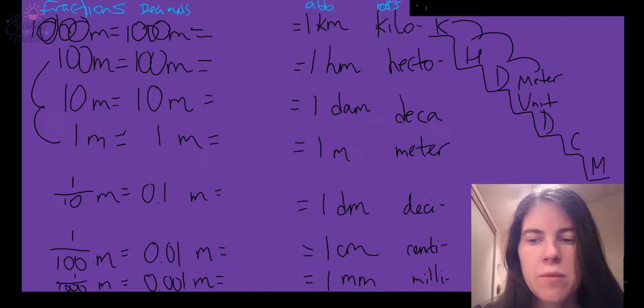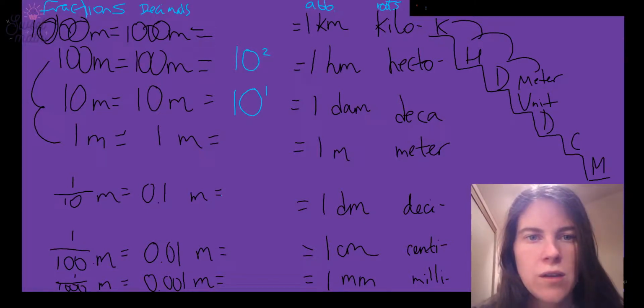Now I'm going to fill in the powers of 10. This one is the easiest one. 10 meters is 10 to the first. 100 is 10 to the second. 1,000 is 10 to the third. I'm still going to write meters for everything. Here's where it gets tricky.